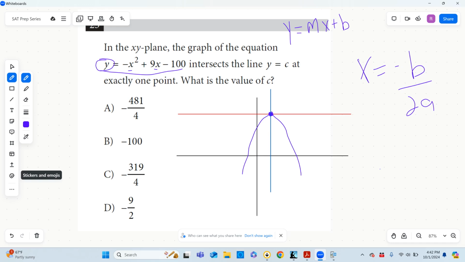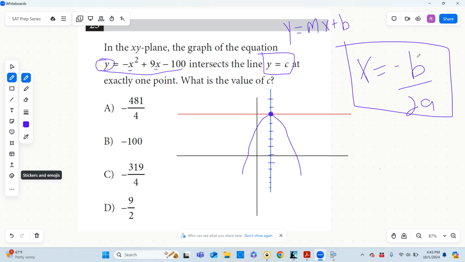If y equals some constant gets you a horizontal line, then x equals some constant, and negative b over 2a is going to be a constant, which I'm going to show you. That's going to give you a vertical line, because again, the x values are always the same, so x is going to equal some constant regardless of what the y values are, and you can see the y values are changing as I move up and down this line.